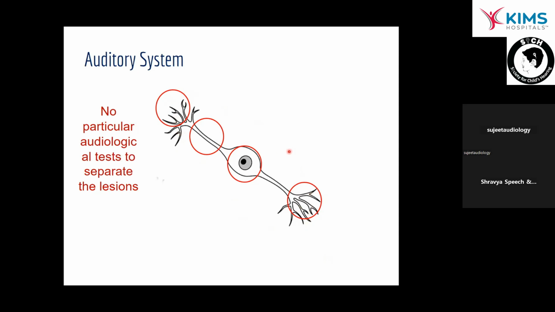A neuron needs to be normal in structure and physiology before you go ahead with the cochlear implant.